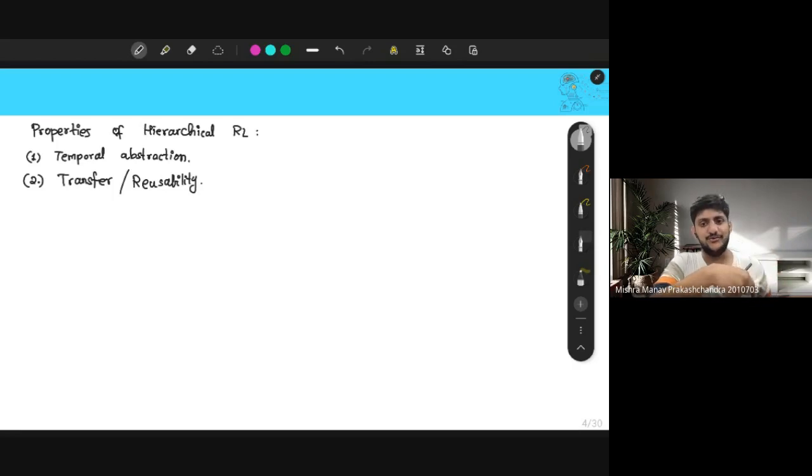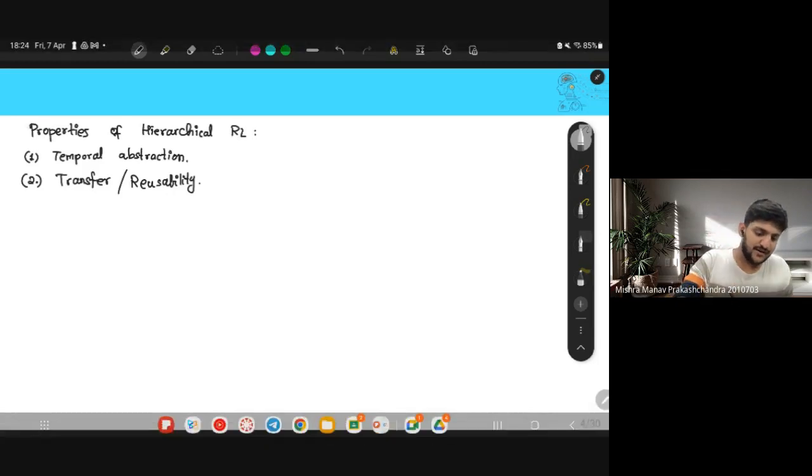Like whenever you watch a lecture on reinforcement learning, you are using previous knowledge of basic linear algebra or mathematics from your BTech first or second year, even some previous knowledge of machine learning. So we are not entirely starting from scratch about what is learning, what is reinforcement, what is a state space, what is an action space. We assume some base level knowledge and then start from here, right? So this is another powerful aspect that a hierarchical RL framework brings in.